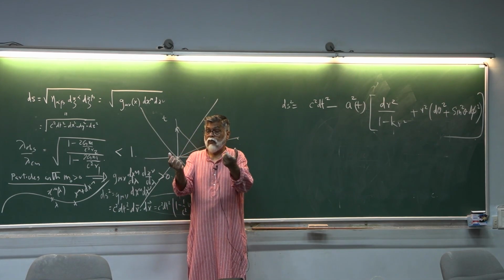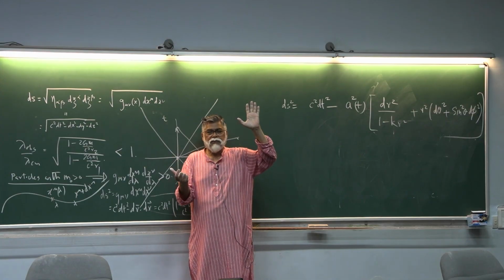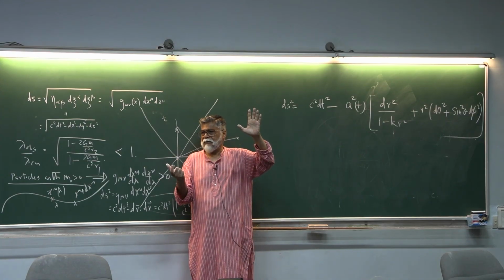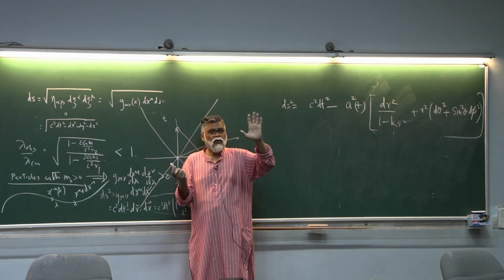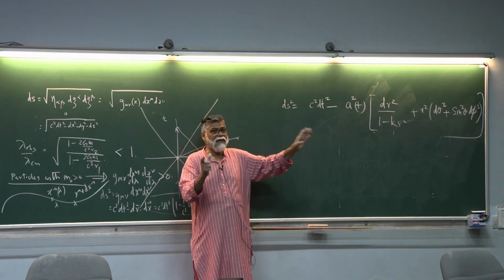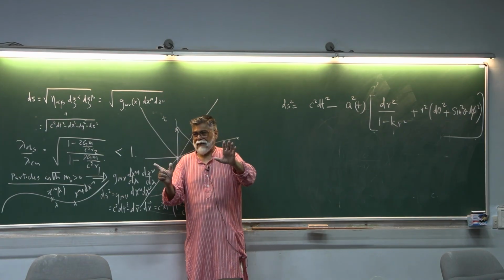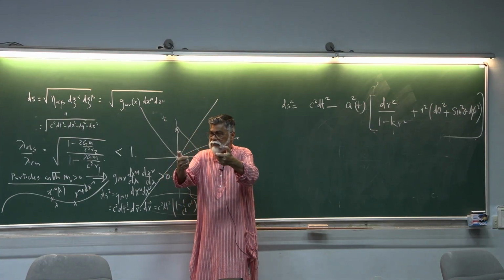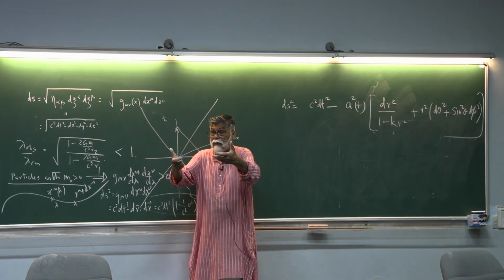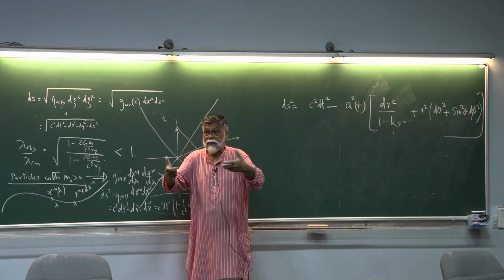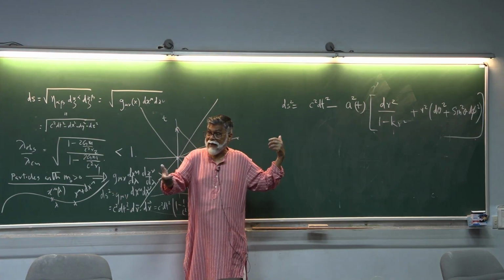Observers, they are called in old cosmology books cosmic observers. Cosmic observers are those observers for which r, theta, phi are constant, and they carry clocks with them. So what is the actual physical time that elapses, ds?